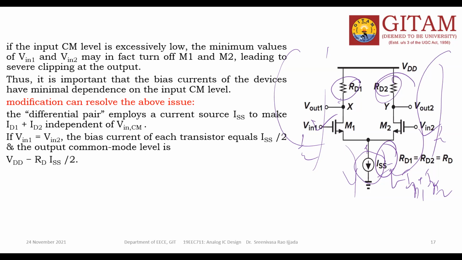Then you can find that Vout1 and Vout2 are both the same. This one is VDD minus the drop. What is the drop across this one? Half of the ISS current into RD1. Here also Vout is VDD minus the drop across this one. What is the drop across RD2? RD2 into half of this current.